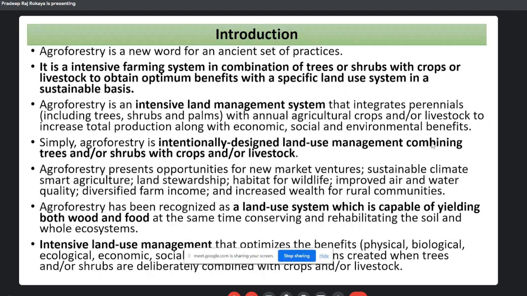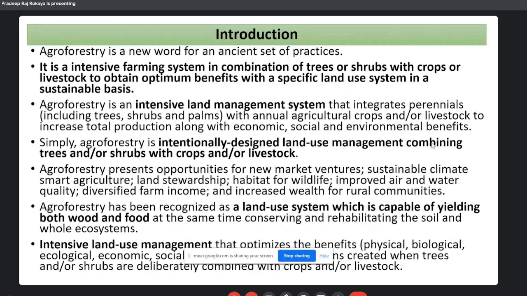So simply, agroforestry is an intentionally designed land use management system combining trees or shrubs with crops or livestock.